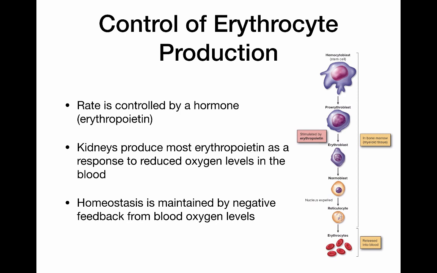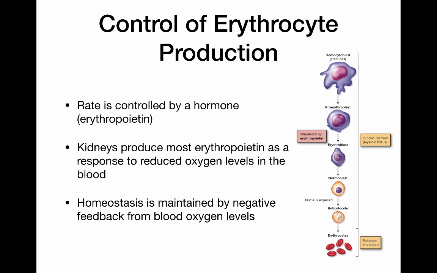So your blood is being monitored for oxygen concentration, and if the oxygen concentration is low, then erythropoietin is produced by the kidneys and it travels until it ultimately triggers this process, which is to stimulate the differentiation of the hemocytoblast into ultimately erythrocytes.